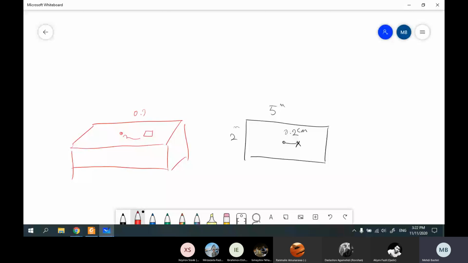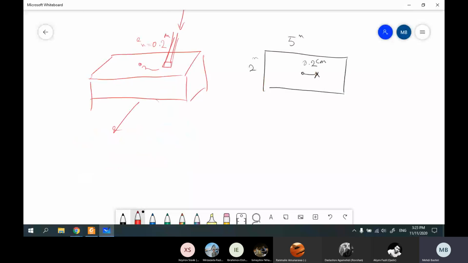This is the eccentricity, 20 centimeter over 2 meter, and this is our column. The force inside the column is 10 ton.